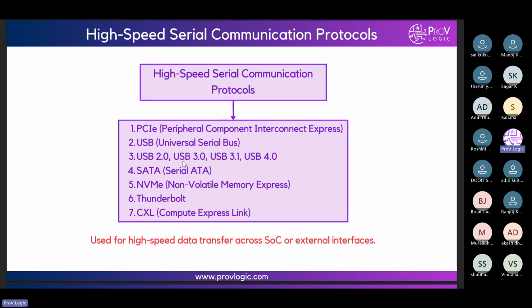And next, high speed serial communication protocols, majorly used to transfer data in the SoC and to external devices. Okay, so PCIe, what is meant by PCIe? Mostly in all system on chip designs, we have a PCIe, right? It's a very high speed serial communication protocol.